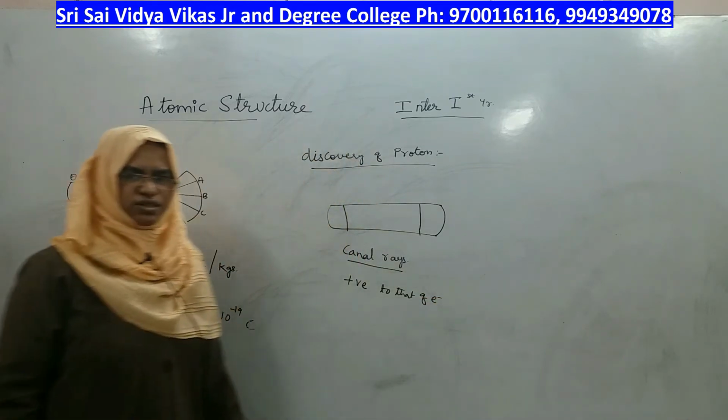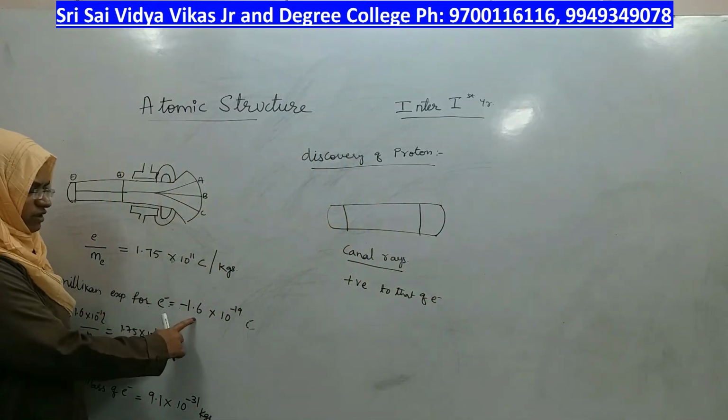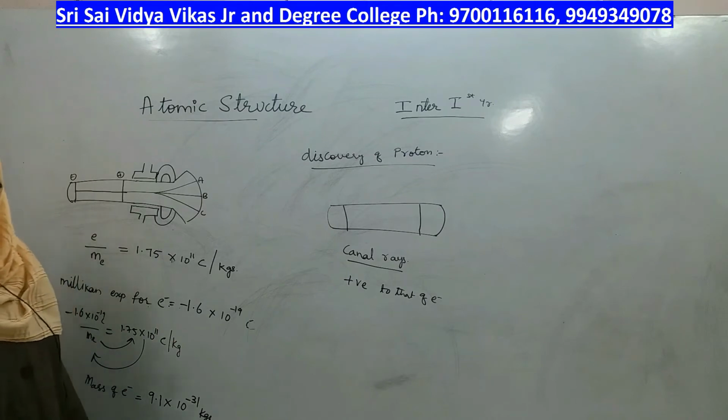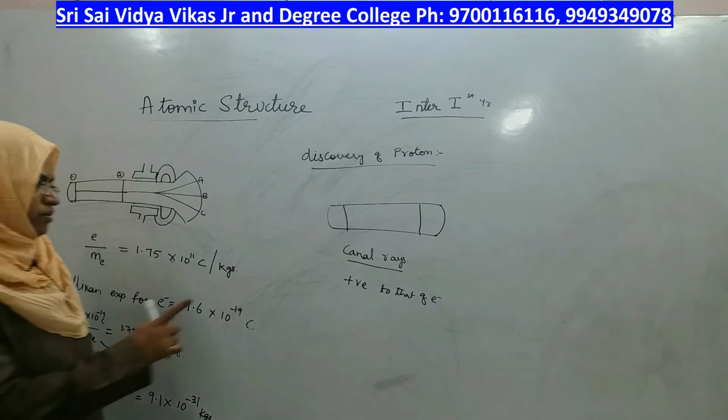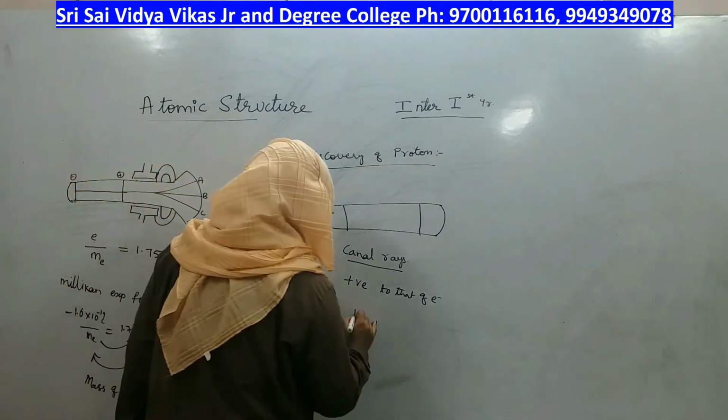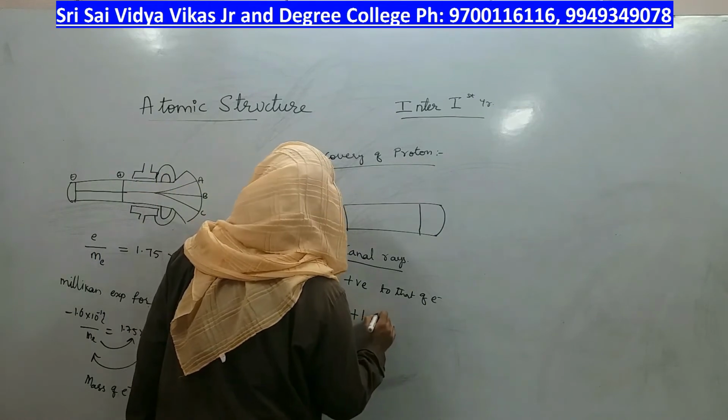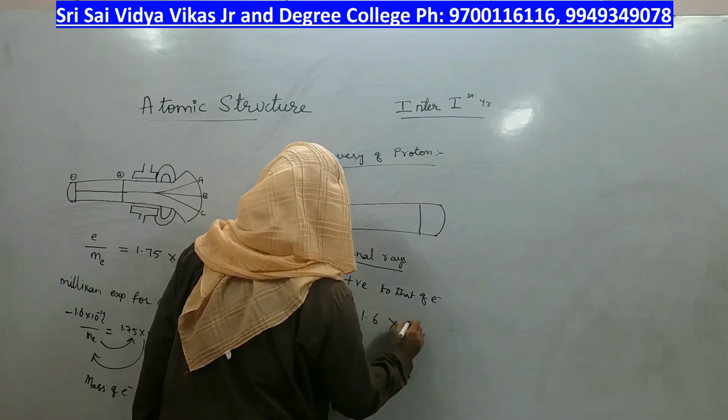What was the charge of the electron? We have seen minus 1.6 into 10 power minus 19 coulombs. The same goes for the proton, and its charge will be plus 1.6 into 10 power minus 19.